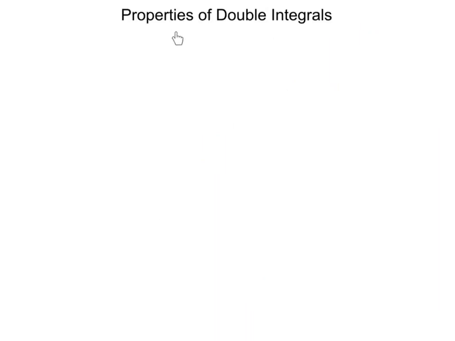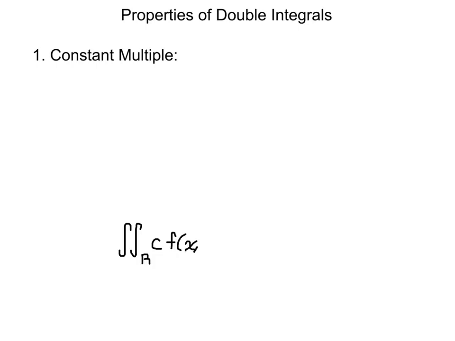Let's look at properties of double integrals. The first rule is the constant multiple rule, which says that if you have a double integral over a region and your function of x and y has a constant multiplier c in there, you can factor out that c as follows.